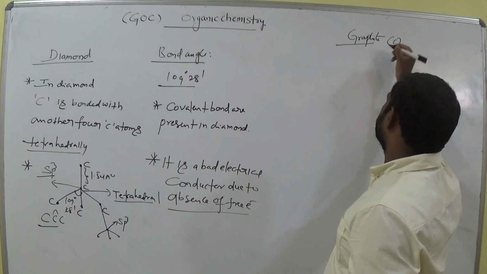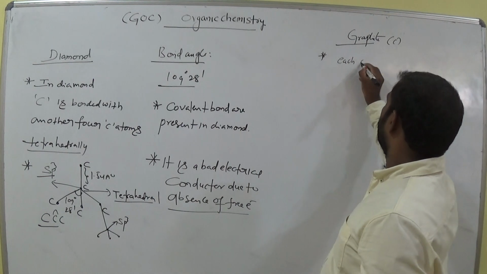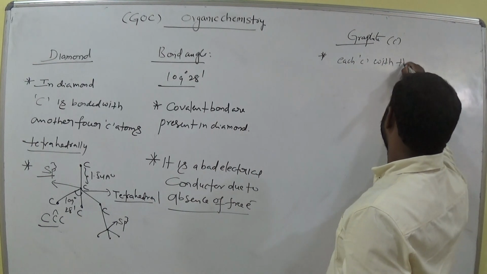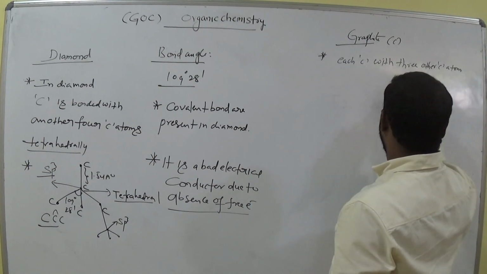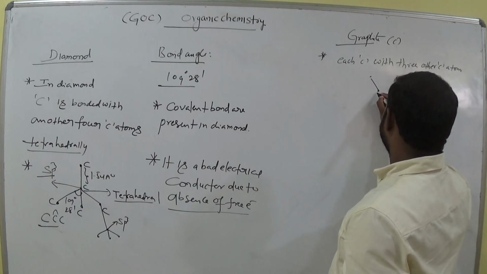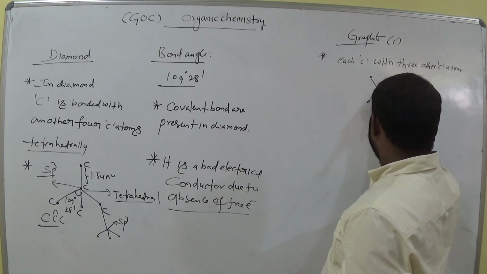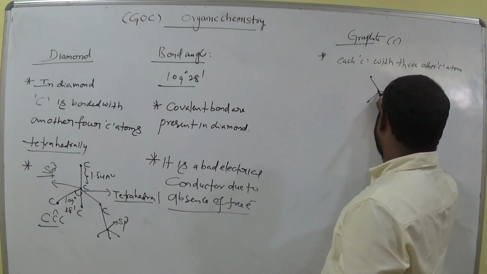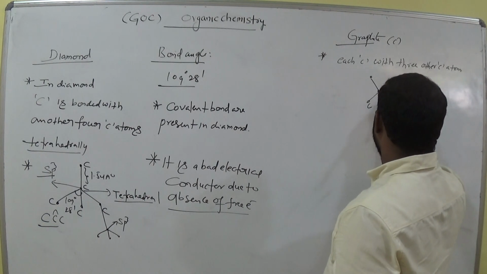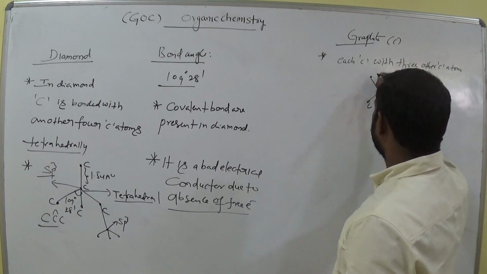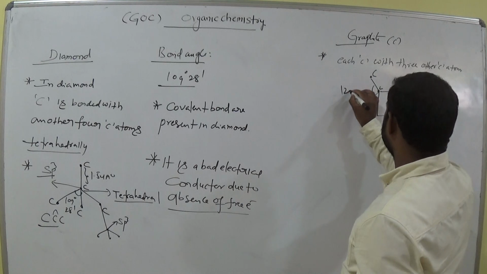Next, go for graphite. Graphite also consists of carbon. Each carbon is bonded with 3 other carbon atoms. This is carbon, this is carbon, am I right? The hybridization of this carbon is sp2, and the C-C bond angle is 120 degrees.